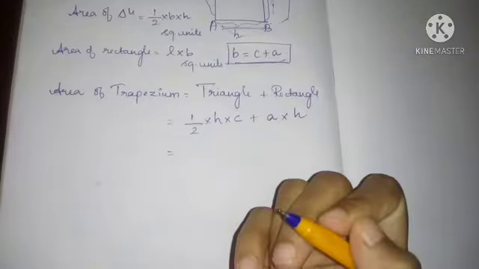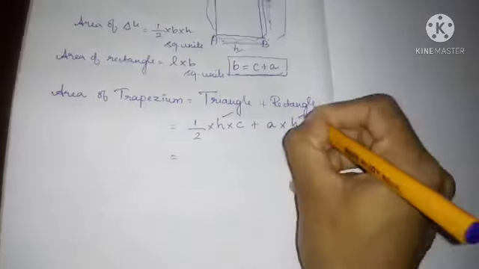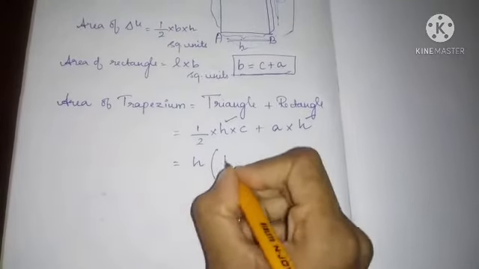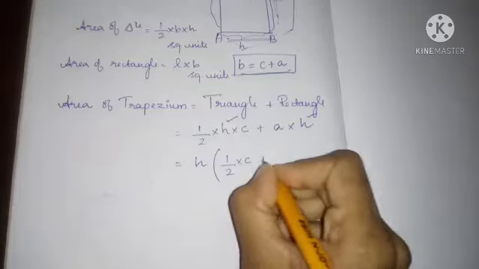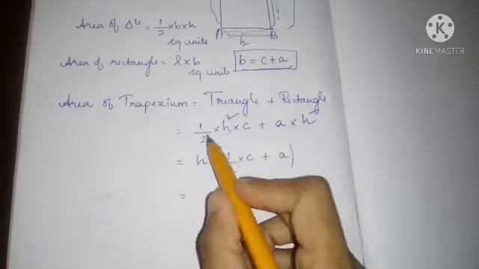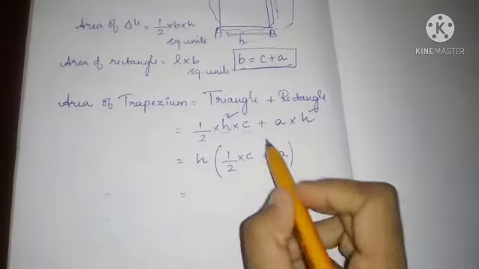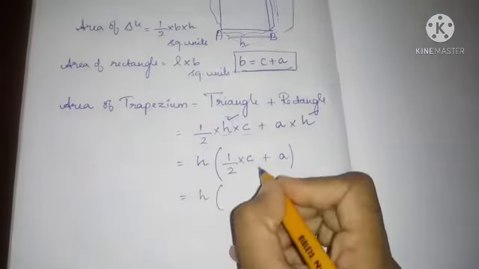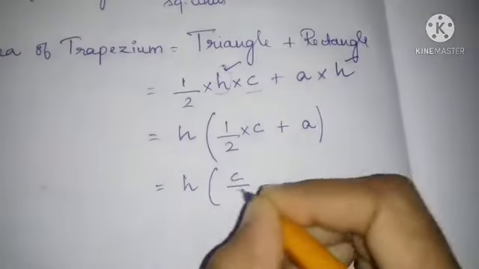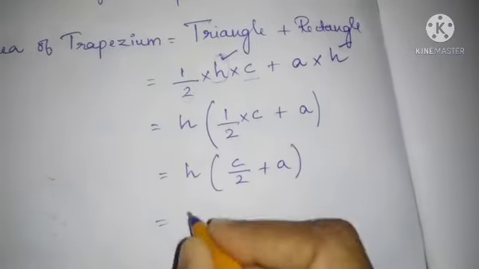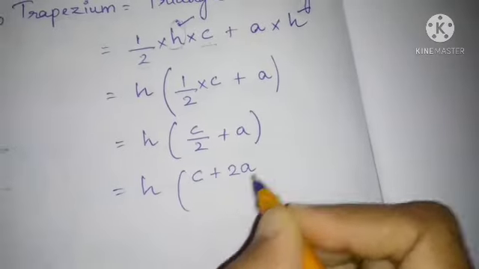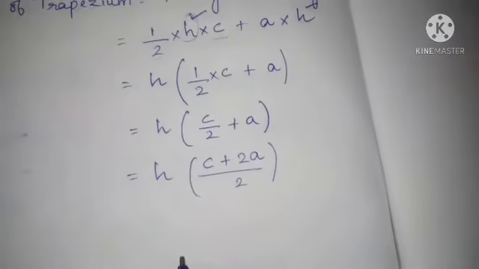So in this, what is common? In both, we have H common. Take it outside. H into 1 by 2 into C plus A. Correct? I am taking H outside. So 1 by 2 C will be there plus A. So 1 by 2 into C is C by 2, plus A. H into, take LCM, C plus 2A divided by 2.